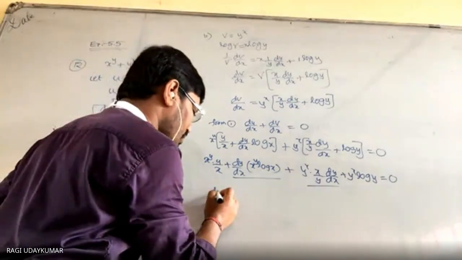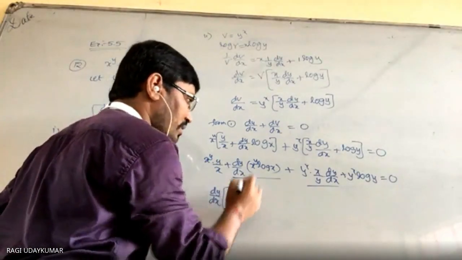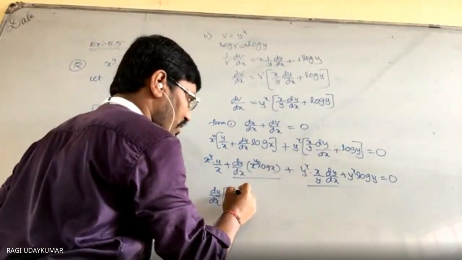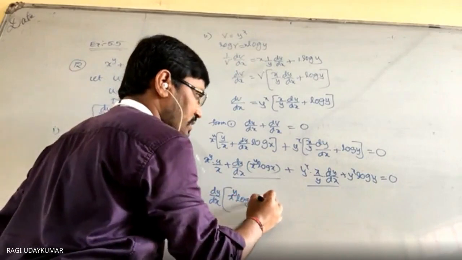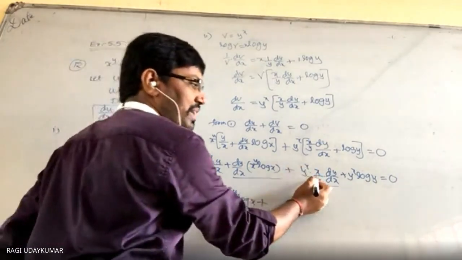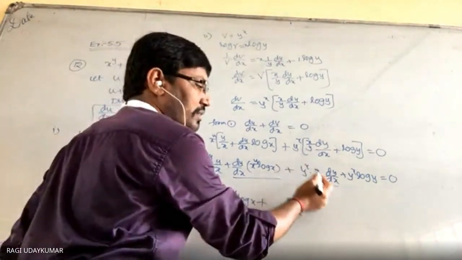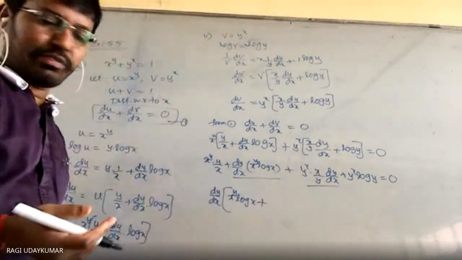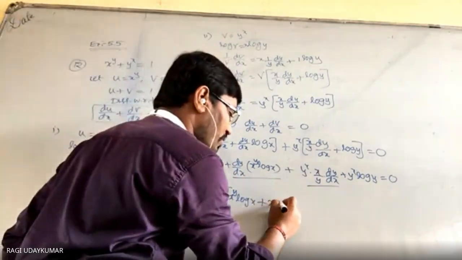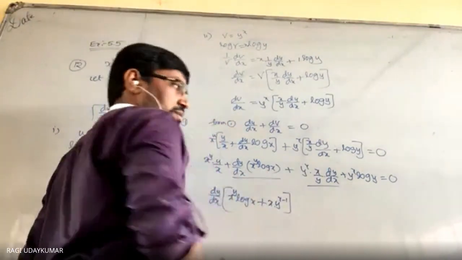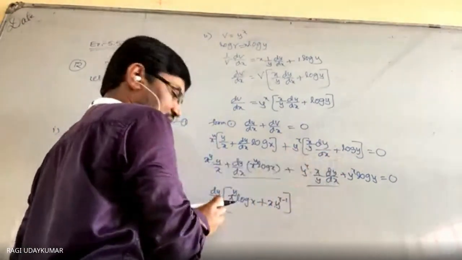From this you take the dy by dx common. Here dy by dx, if you take the common: x power y log x plus y power x by y can be written as y power x minus 1, so x into y power x minus 1. From these two, I have taken dy by dx common.